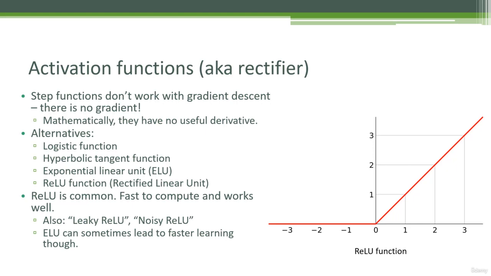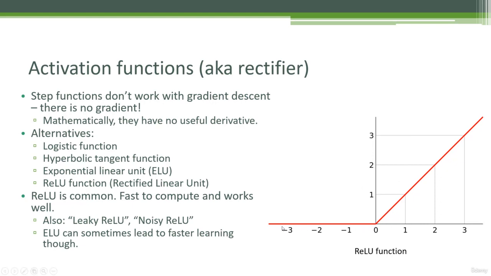There are some other ones called the logistic function, the hyperbolic tangent function. That produces more of a curvy curve. If you think about what a hyperbolic tangent looks like, it doesn't have that sharp cutoff there at 0 at the origin, so that can work out pretty well. There's also something called the exponential linear unit, which is also a little bit more curvy. What we ended up using, though, was ReLU. That stands for rectified linear unit, and that's what this graph here is showing.